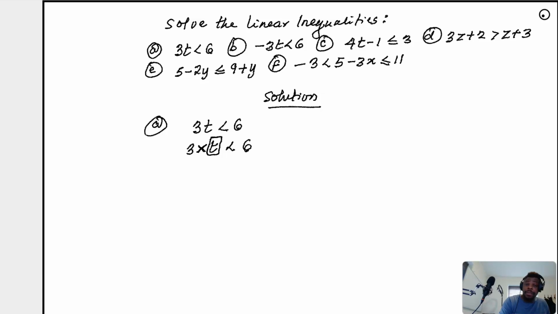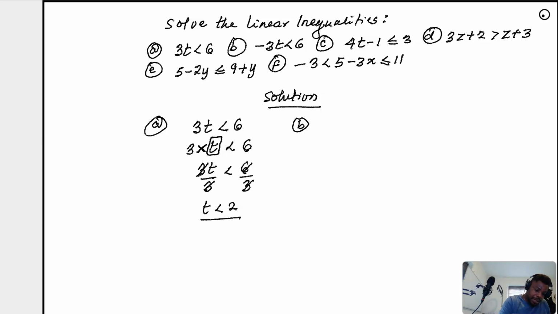And the opposite of multiplication is division. So I have to divide both sides by 3. So 3 will cancel 3 here. Because I'm dividing both sides by positive 3, the sign remains the same. So t is less than 6 divided by 3, which is 2. So t is less than 2.